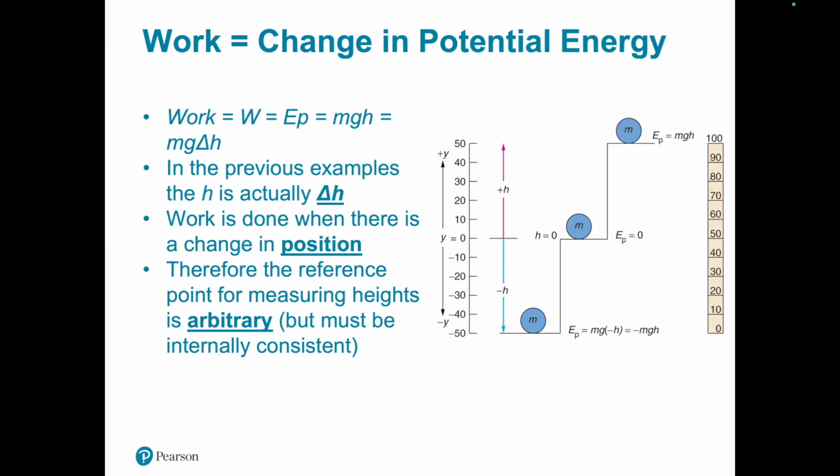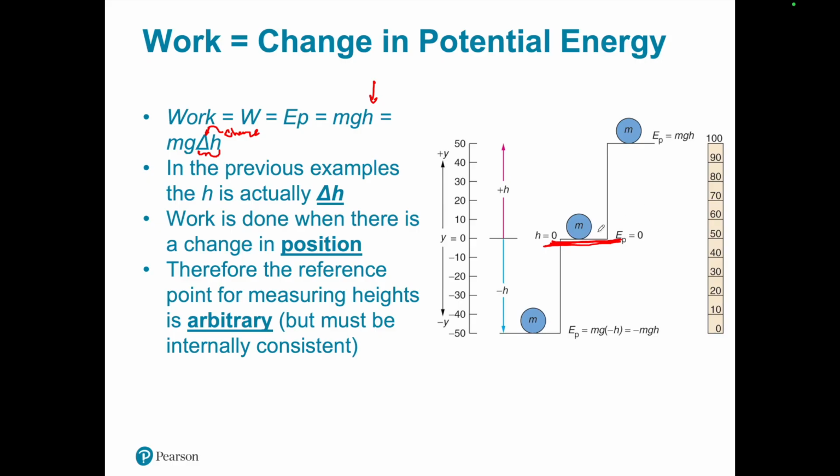So another interesting thing about potential energy is that it's not just based on the height that an object is, it's also based on the change in height. If you recall, this triangle here means change. And you may be asking yourself, what does that matter? That matters because, pretend that this is sea level or the ground right here.